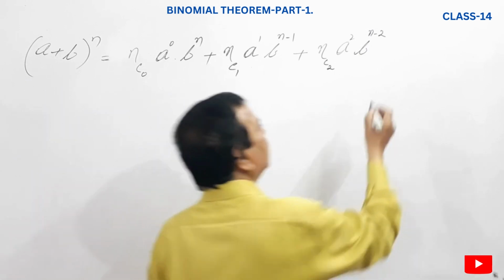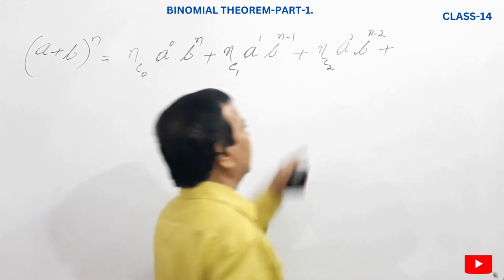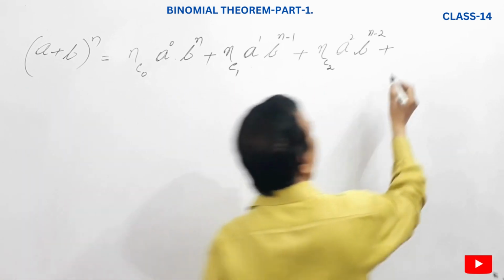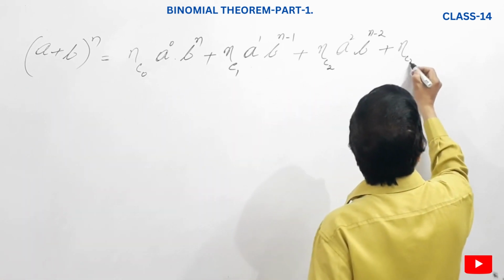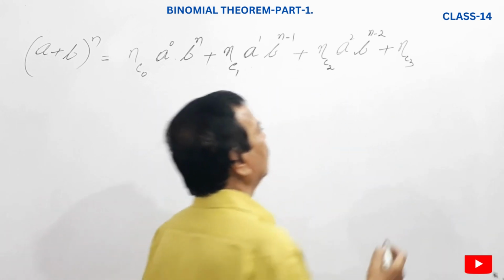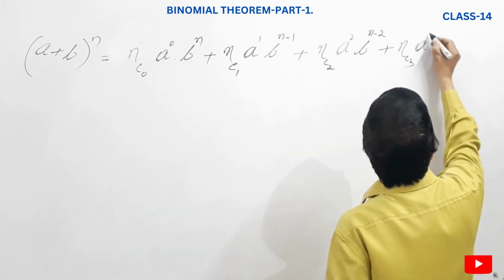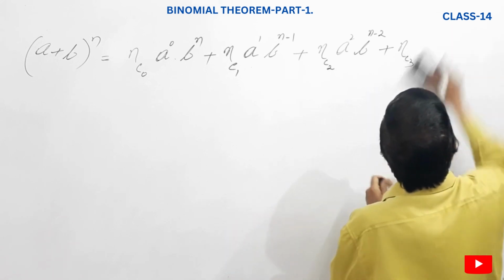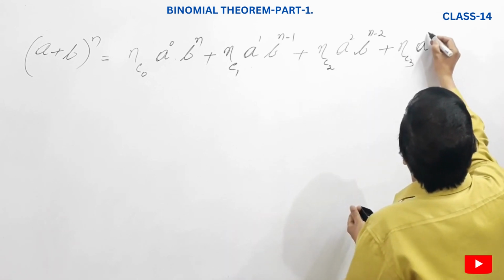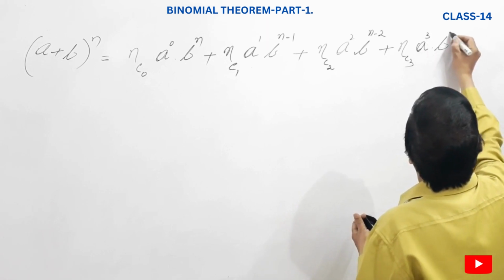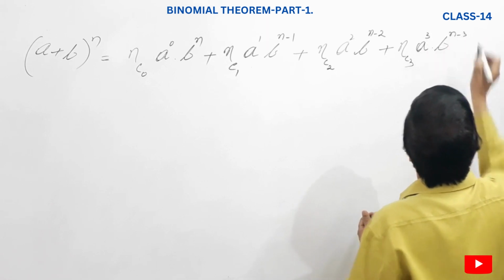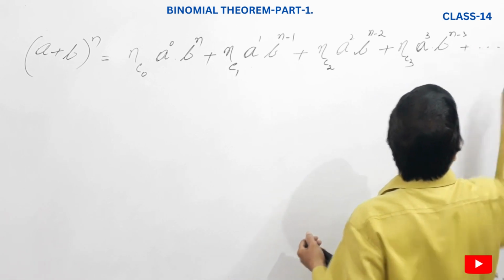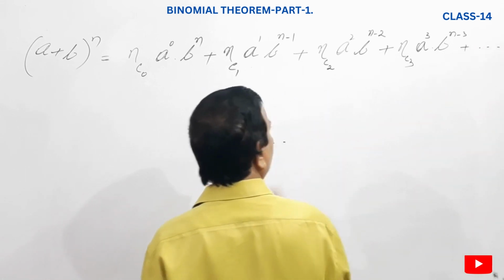Next, you tell. The next term after nC0, nC1, nC2 is nC3, a to the power of 3, b to the power of n minus 3, plus and so on.